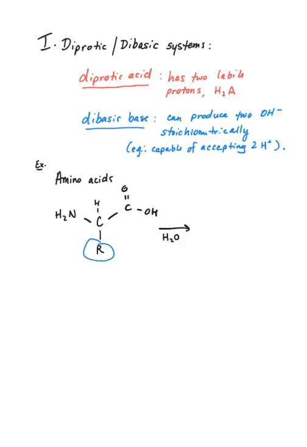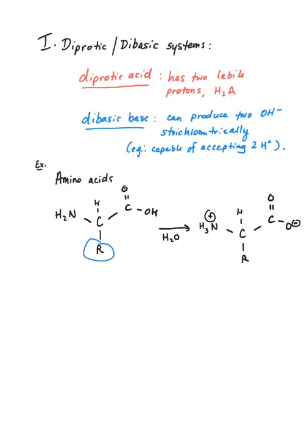In a neutral solution, this deprotonation transfers a proton from the carboxylic end of the acid to the amino end of the acid, and we come up with a structure that looks like this. Very similar in structure at the center, but the carboxylic end of this amino acid is negatively charged, whereas the amino end of this acid is positively charged.